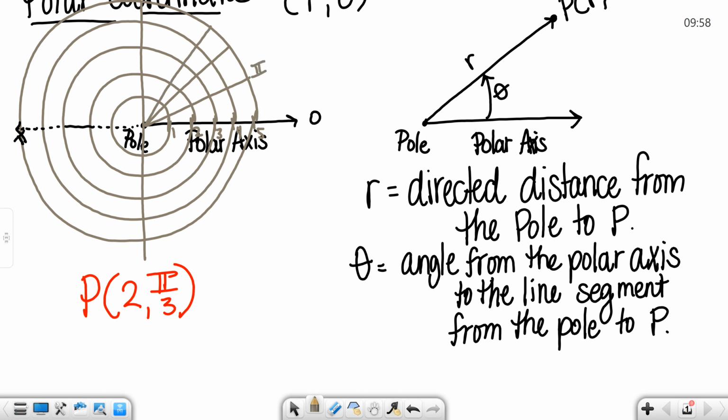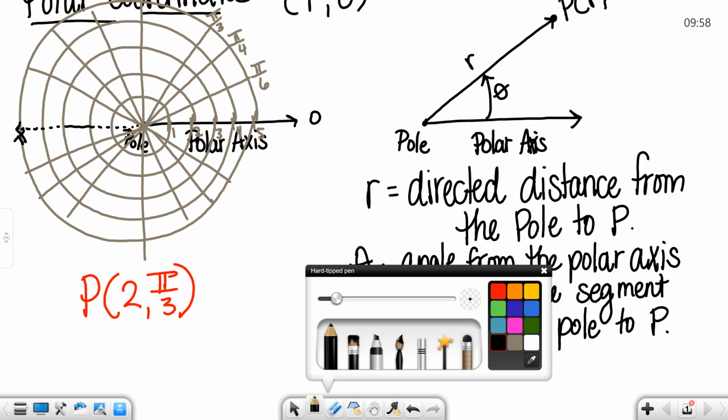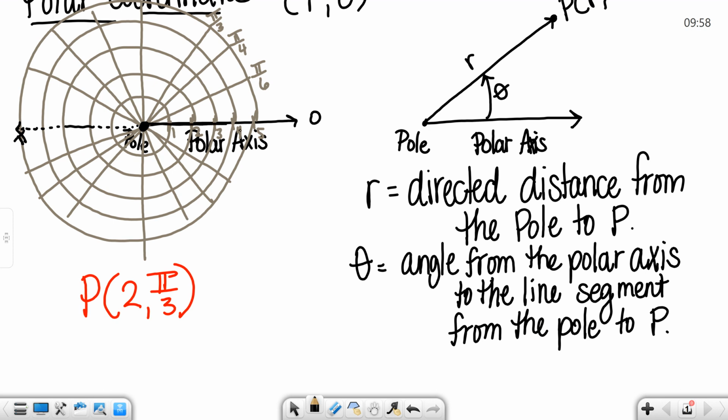We know this is pi over 6, pi over 4, pi over 3, and then those values continue in every one of these, if you will, thinking of x and y axis quadrants, but they are not quadrants. In the polar system, we do not have quadrants. We've got this pole and the polar axis. And then everything that's in gray is just a guide to help you know where you are.